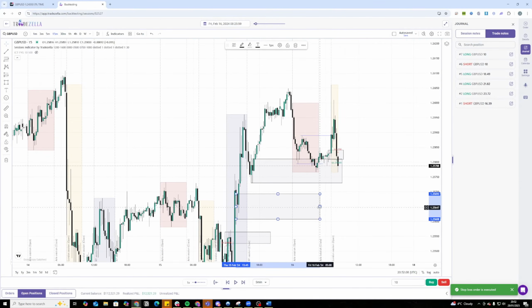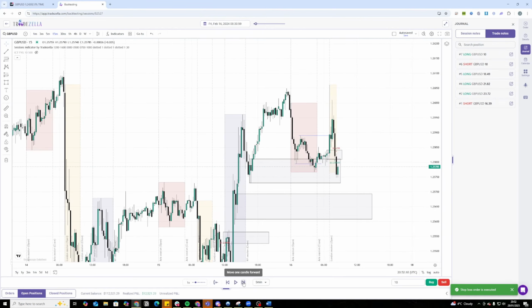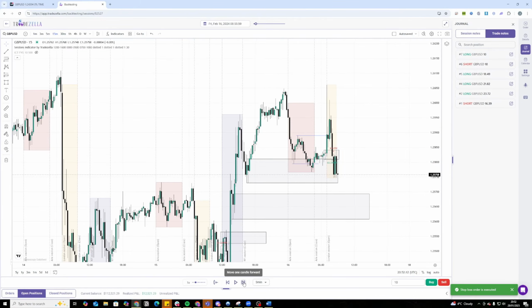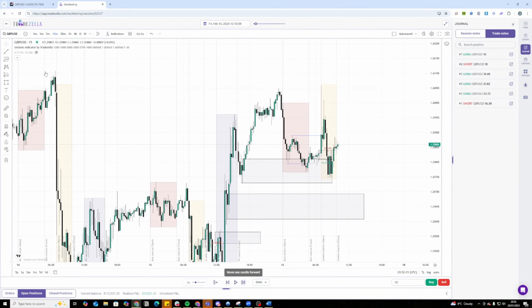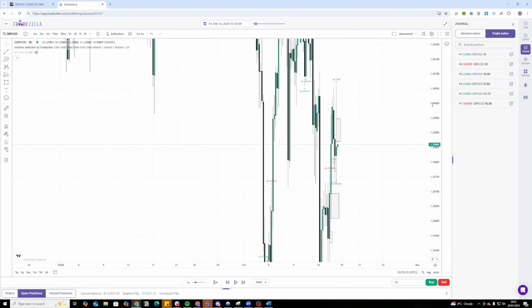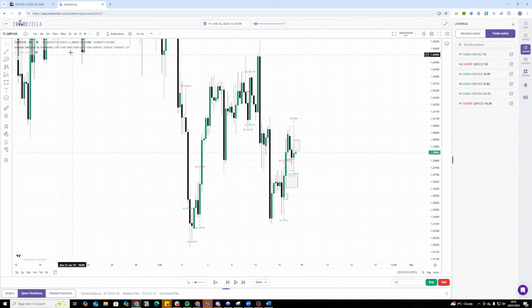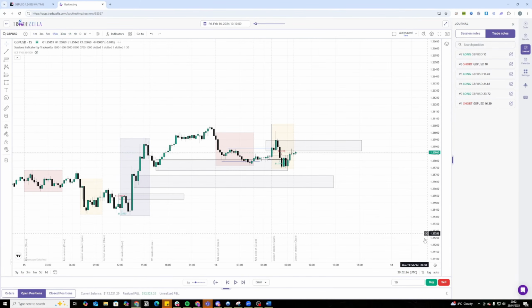So now this is the next area we want to look for. Let's see if we can get down in here. We've got this 15-minute area here. What we need to go back to is where is the higher time frame going? And the higher time frame is bullish. Okay, so we want to look for buys only.